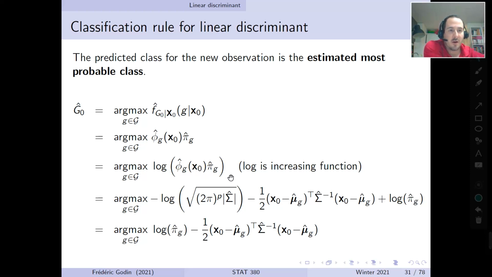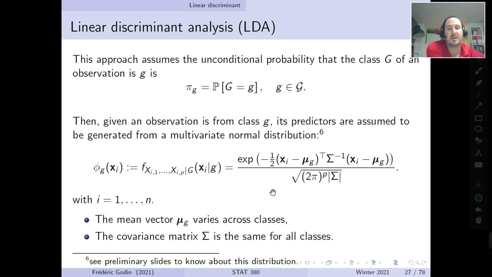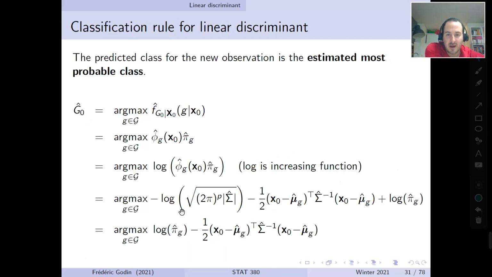And for the log of the multivariate normal PDF, recall the Gaussian PDF: when we take the log, it's the interior, which is the Mahalanobis distance between x and mu, minus the log of this quantity. So here we have minus the log of the denominator plus the interior of the exponential, which is this.